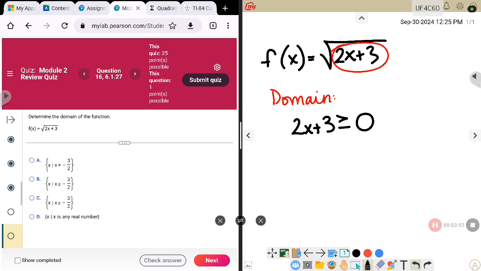And then solve it for x. So subtract the 3 from both sides. So 2x needs to be greater than or equal to negative 3, and then divide by 2. So x needs to be greater than or equal to negative 3/2.